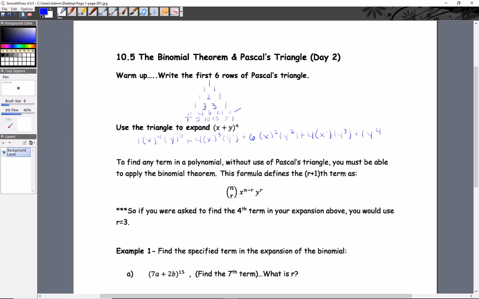And just to get rid of all the extra nonsense here, it'll be x to the fourth plus 4 x to the third y, plus 6 x squared y squared, plus 4 x y to the third, plus y to the fourth. All right, easy enough.